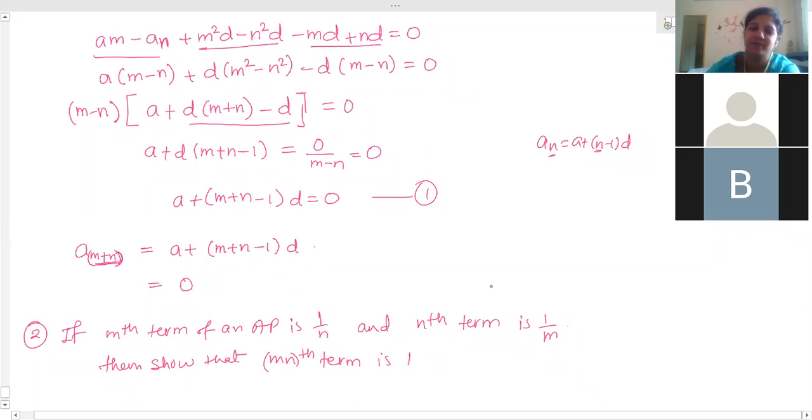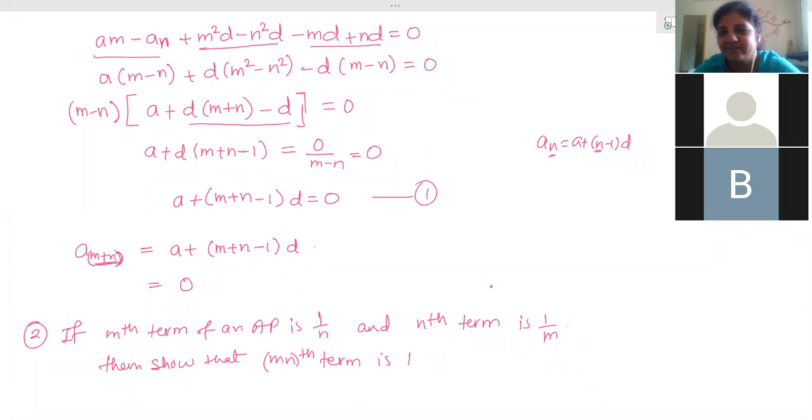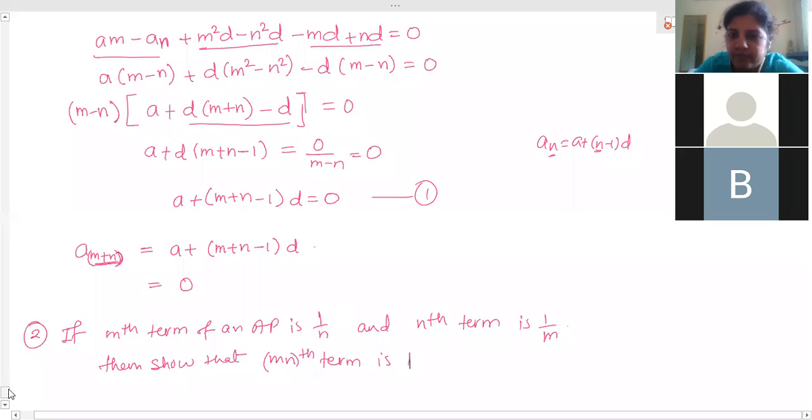Then the mnth term is 1. Question clear?